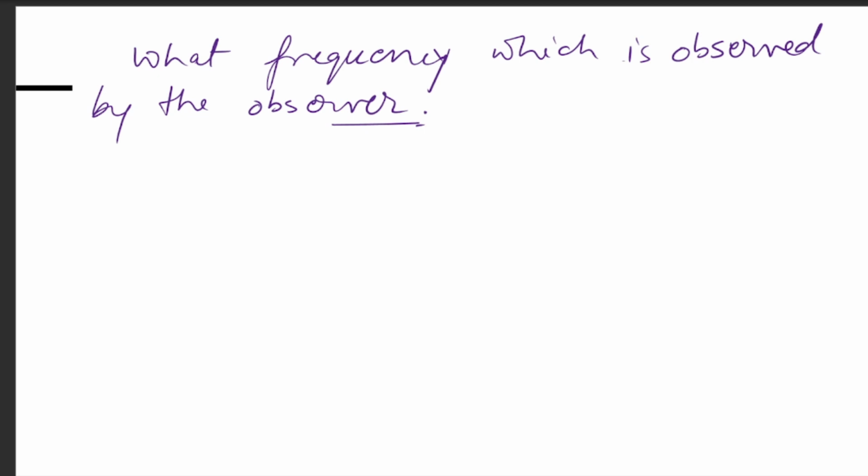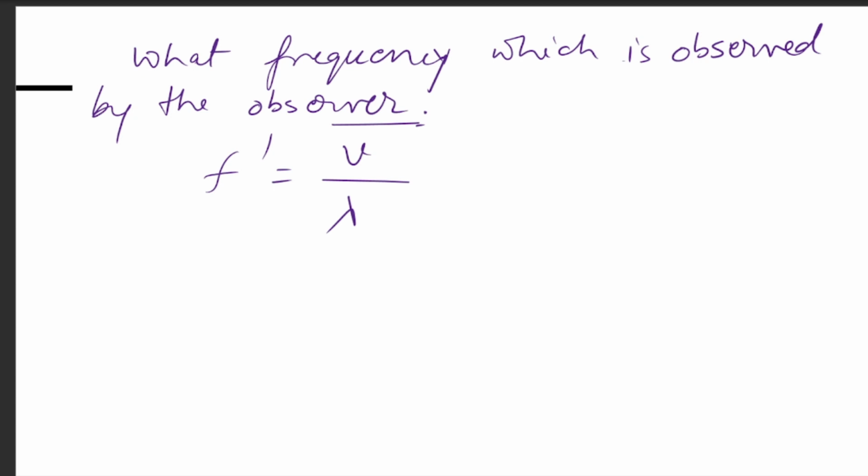So we can write here f dash is equal to v by lambda. The wavelength of the wave is not changing. Wavelength remains the same. But due to the motion of the observer, the observed velocity is changing.